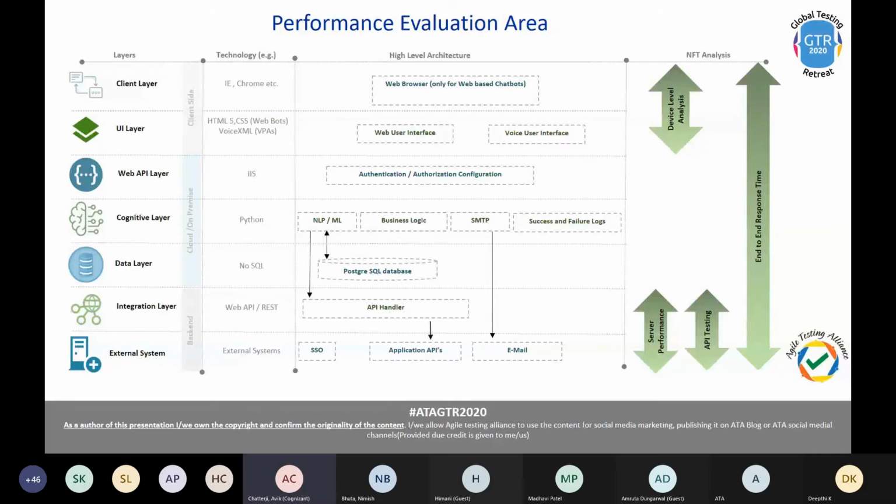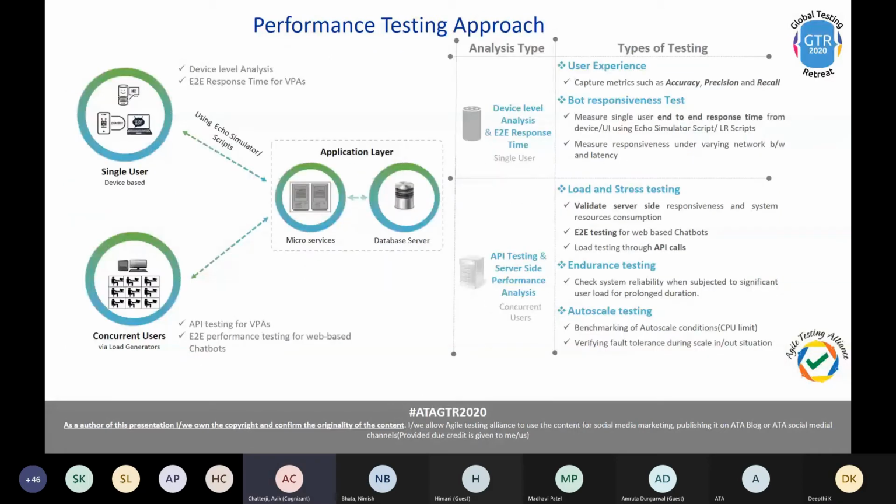Moving to the next slide is the performance testing approach. Basically, we can do performance testing for the chatbots for a single user as well as concurrent users. When we talk about single user performance testing, we generally mean the client-side performance for a single user.